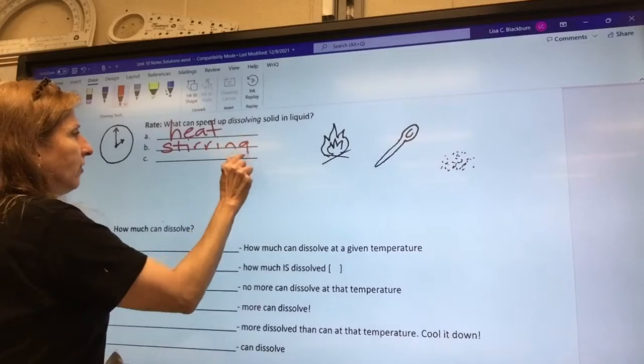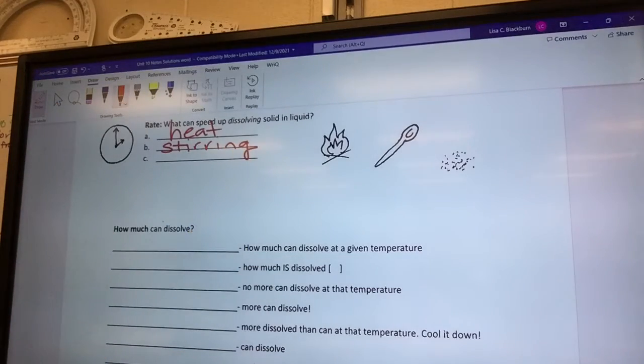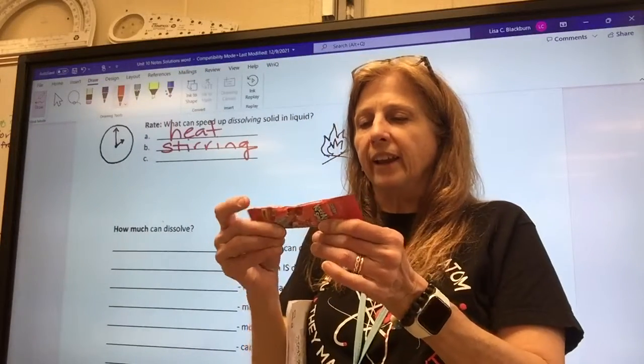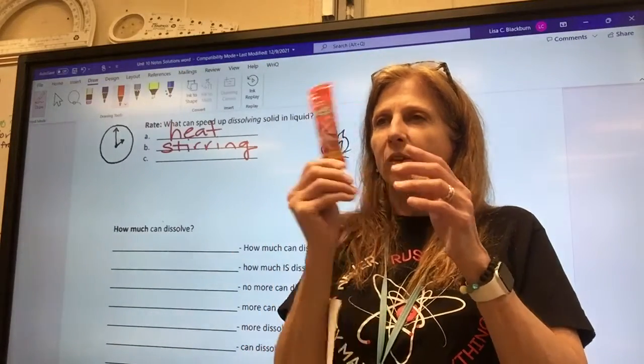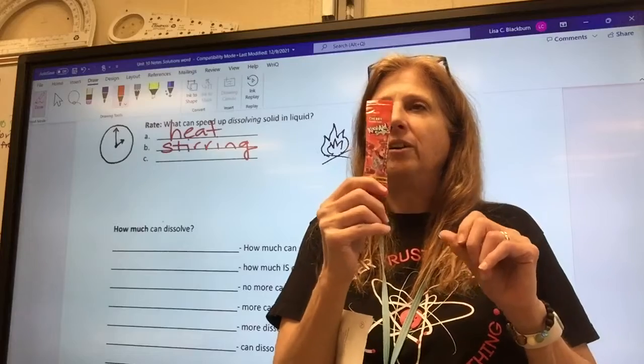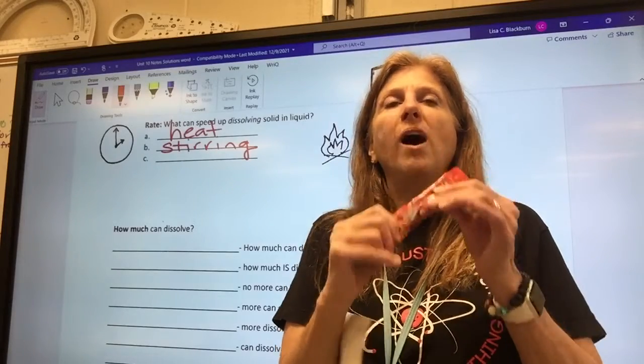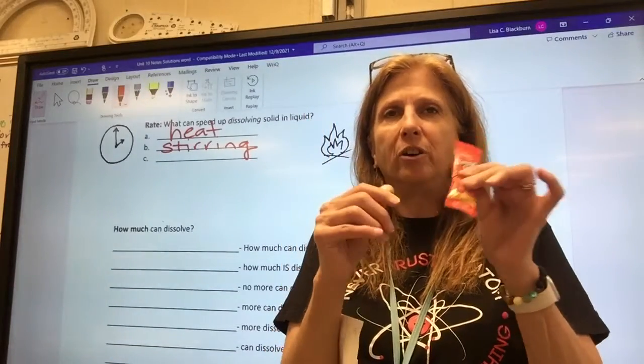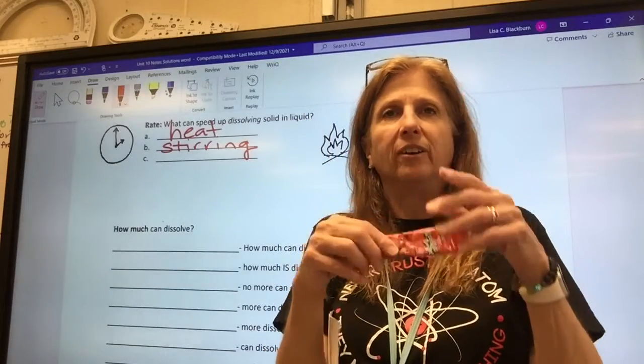Now, there's a new product. It's this, Kool-Aid Singles. It's got real sugar in it. It is not saccharin. Will this dissolve in ice water? Yes, it will. Why? Why will this dissolve when that little packet of sugar that the waitress brought you does not? Chemicals?